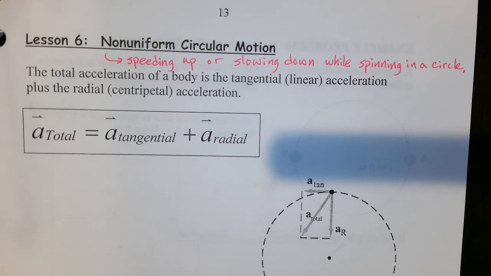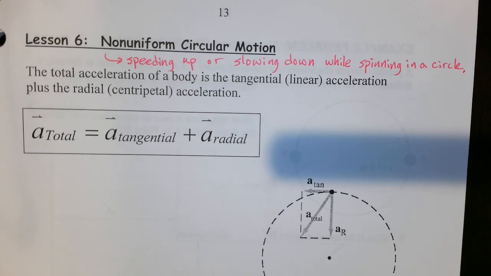In that case, not only do we have a circular motion, which means it has circular or radial acceleration, it is speeding up or slowing down, so the magnitude changes. Therefore, we now have linear acceleration. This linear acceleration is the change in velocity of the magnitude, and radial acceleration is the change in velocity of the direction. So we have both accelerations happening simultaneously when we have non-uniform circular motion.